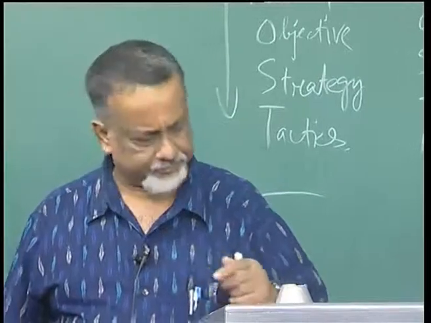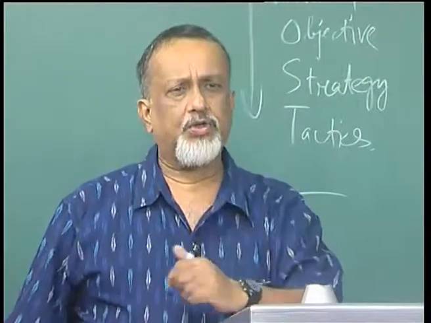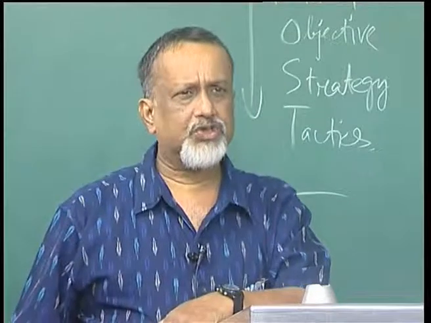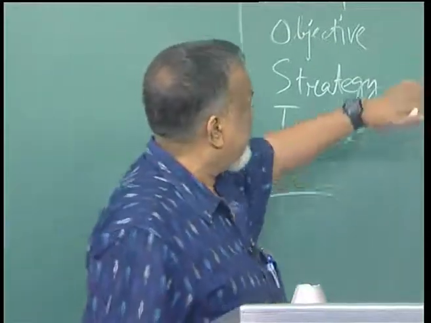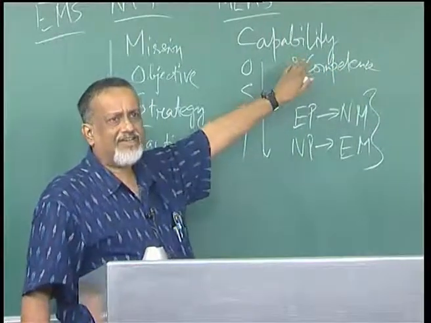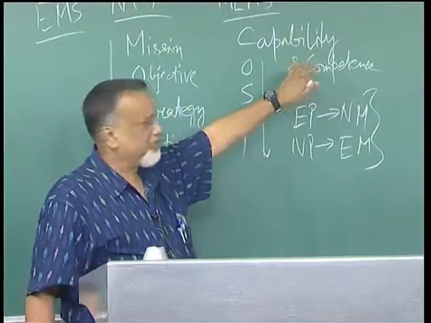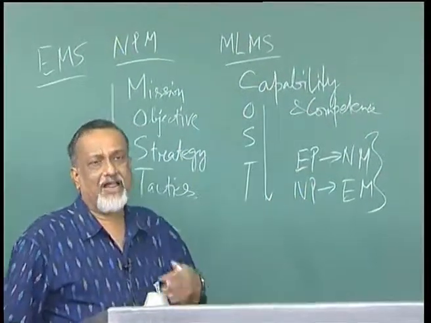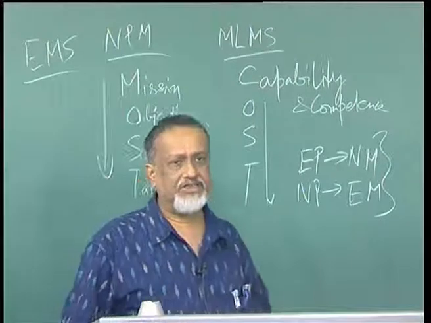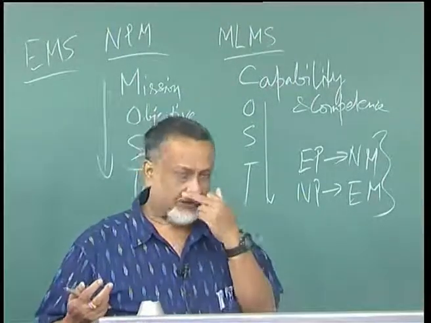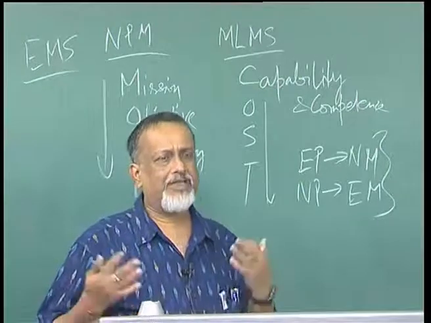Therefore, to deal with strategic change, one has to look at the capabilities and competencies and readjust with respect to them, and sometimes acquire new competencies or form new alliances. For example, we were discussing just now about Nokia.